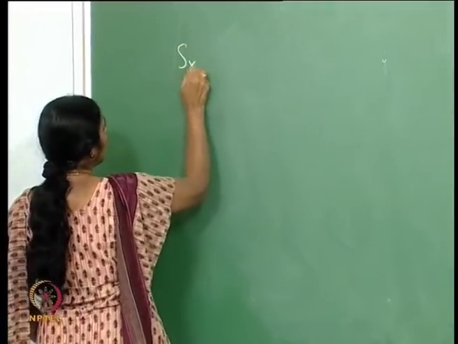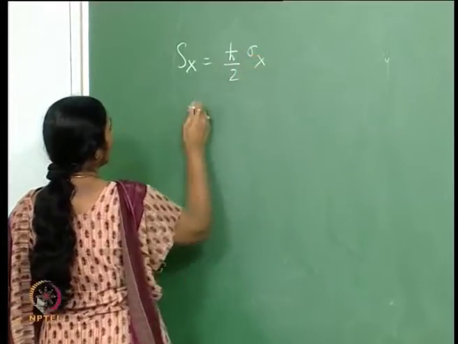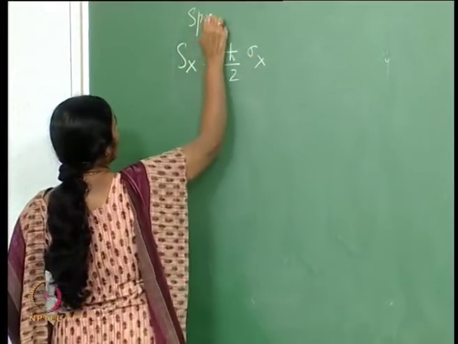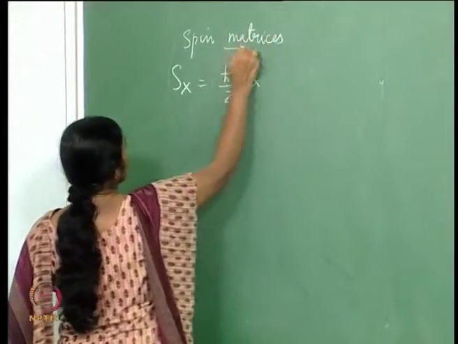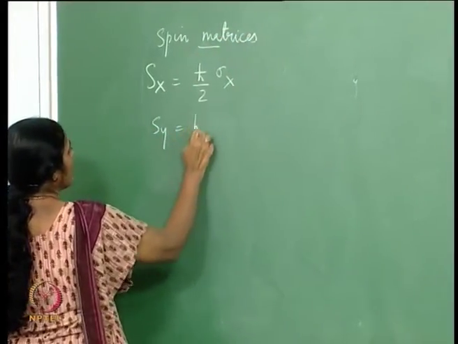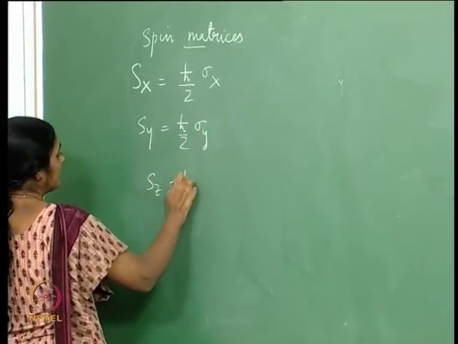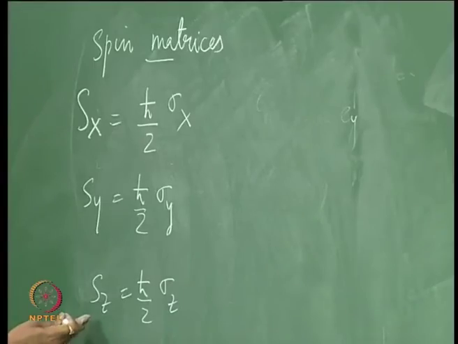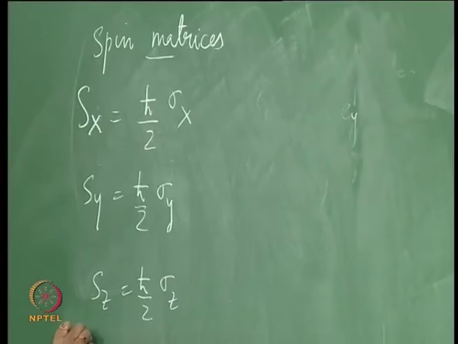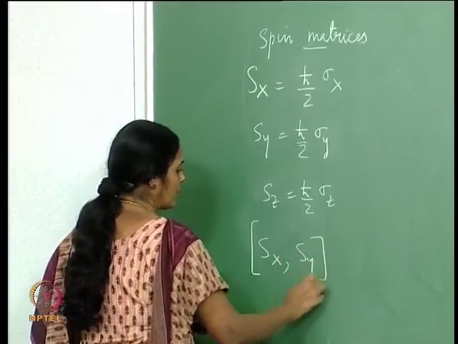I can use the Pauli matrices to define 3 matrices which I call the spin matrices Sx, Sy and Sz. These are of course 2 by 2 Hermitian matrices, and they satisfy what is called the angular momentum algebra.